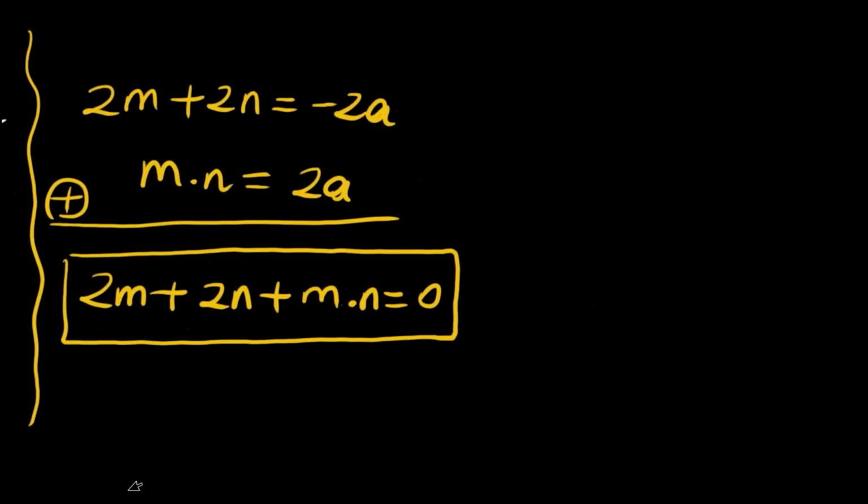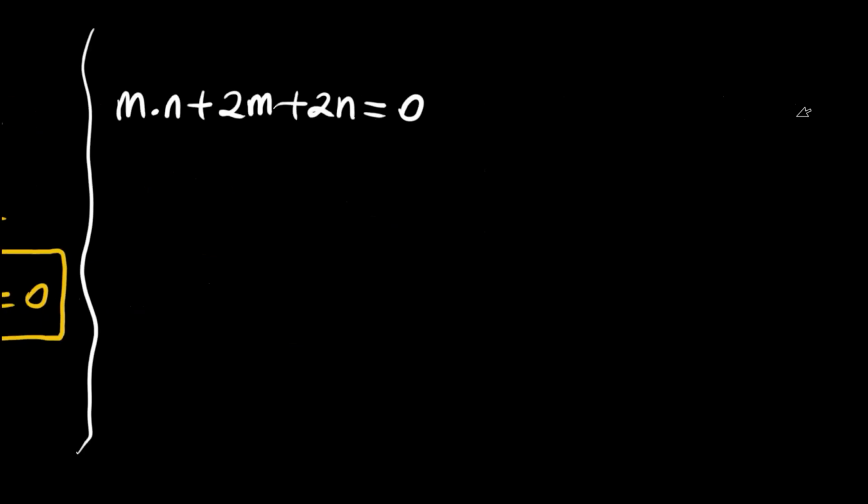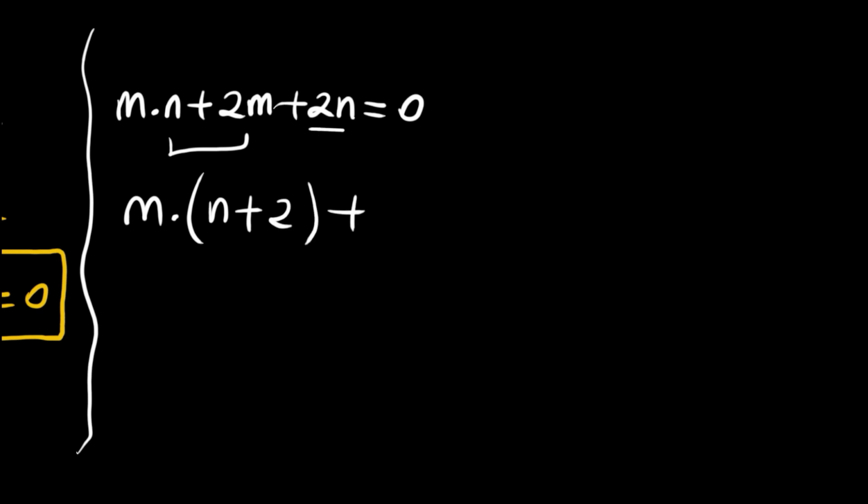Let me show you. Let's write m times n plus 2m plus 2n is equal to 0. Now the first two terms may be written as m times n plus 2, and we have 2n here.